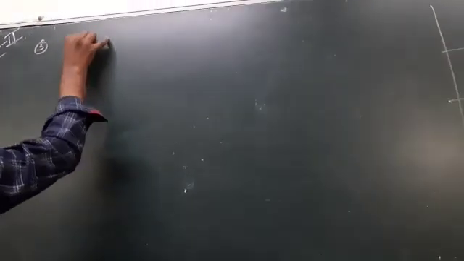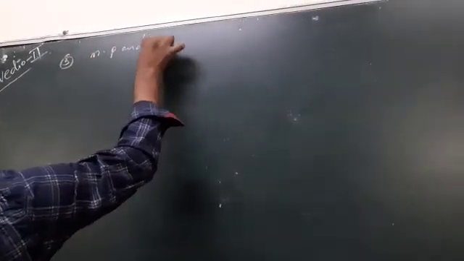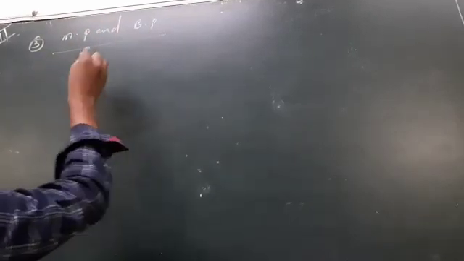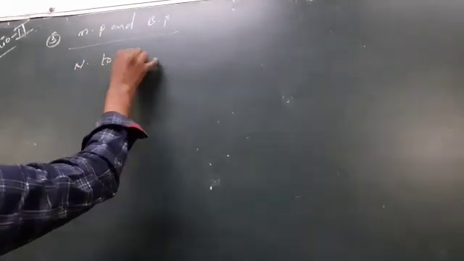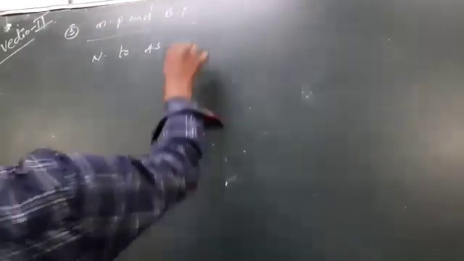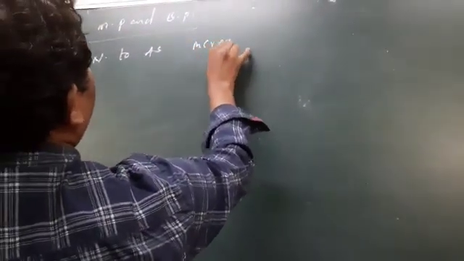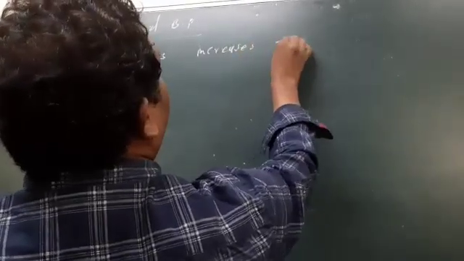Melting points and boiling points. From nitrogen to arsenic they increase, and then they decrease.